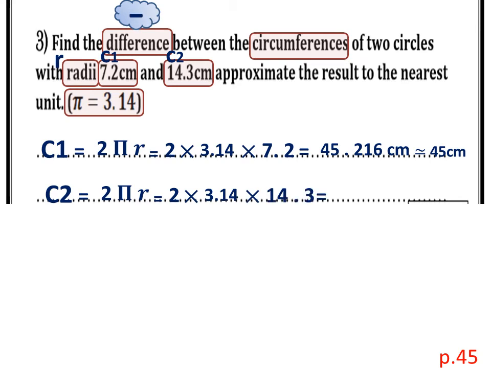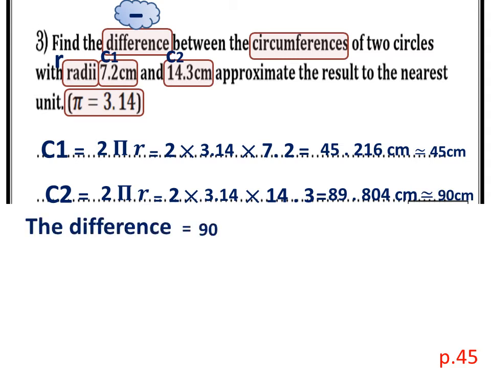Put it on the calculator, the answer will be 89.804. Approximately will be 90 centimeters. So let's find the difference between the two circumferences. It will be the big number minus the small number, which is 90 minus 45, which equals 45 centimeters.